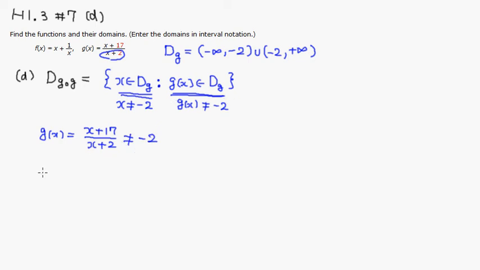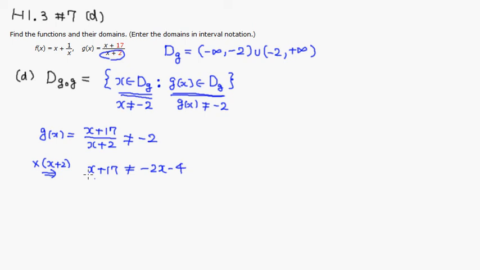First, since we don't like fractions, we're going to multiply both sides by the quantity x plus 2, which gives you x plus 17 cannot be equal to -2 times (x plus 2). So -2 times x would be -2x, and -2 times +2 would be -4.